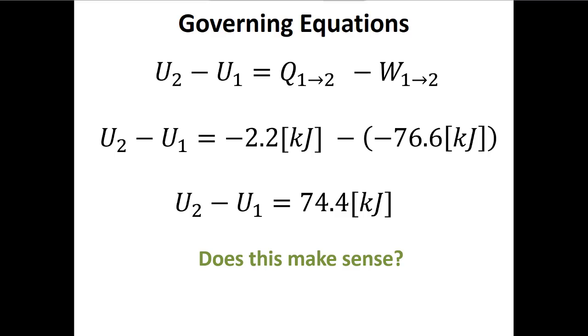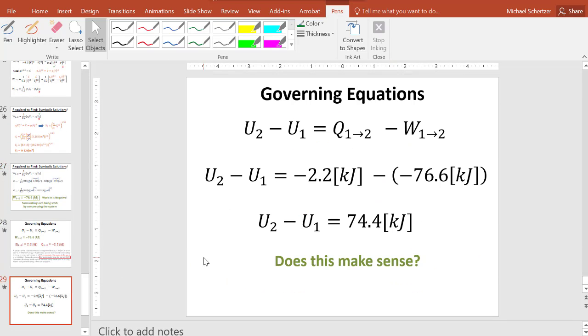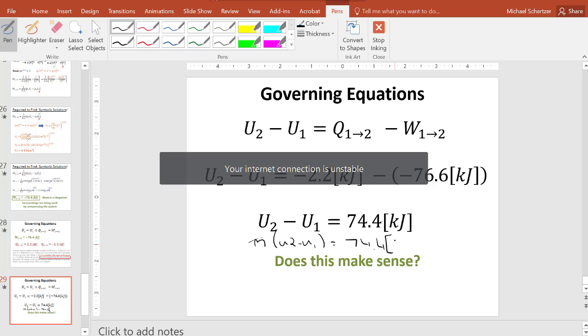The problem actually asks us, and I didn't do it here, so I don't have the numerical answer in front of me, for the change in the specific internal energy. So I know that this would be the mass times U2 minus U1, and that's going to be equal to 74.4 kilojoules.